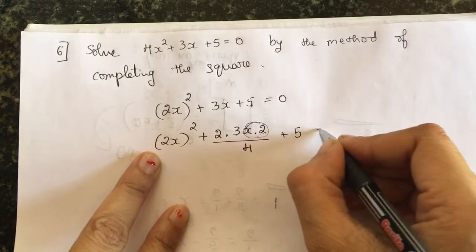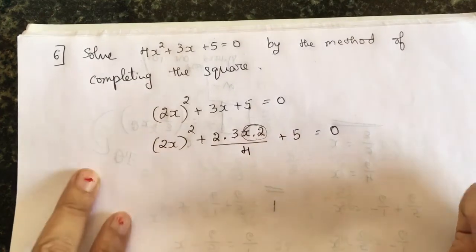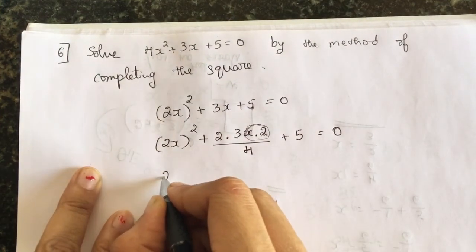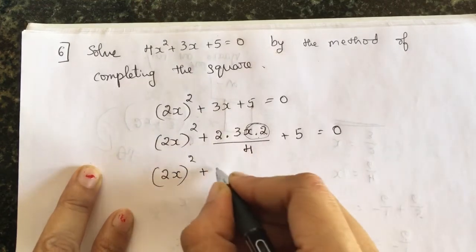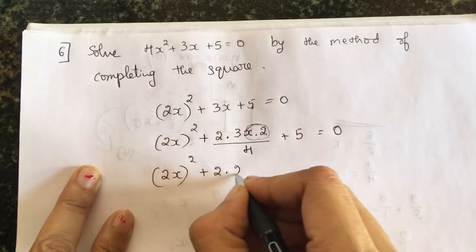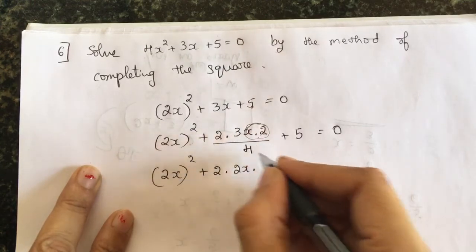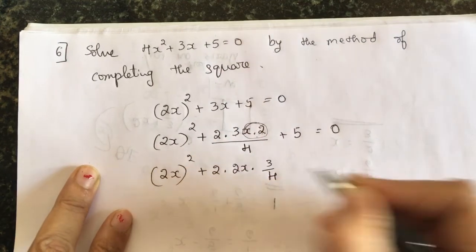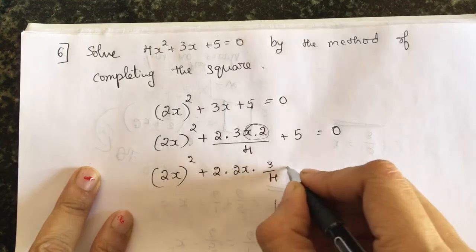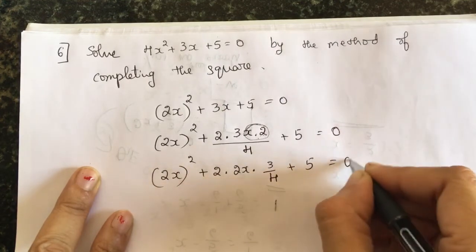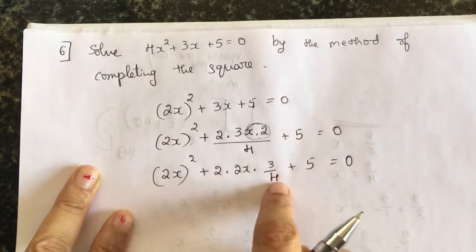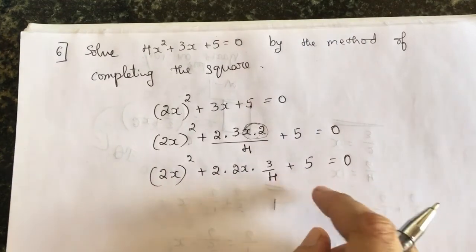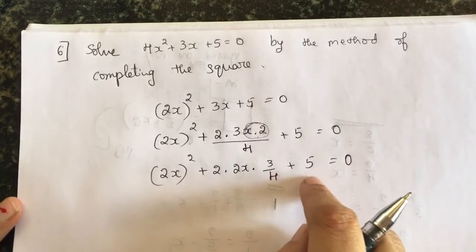Plus 5 equal to 0. Now this is the same as writing 2x whole square plus 2a, and b comes out to be 3 by 4, plus 5 equal to 0. Now it's a square plus 2ab. b is this. I want b square over here.